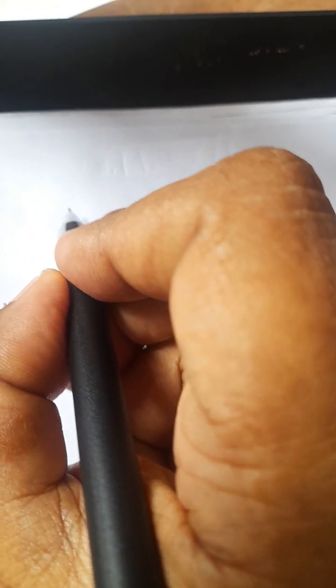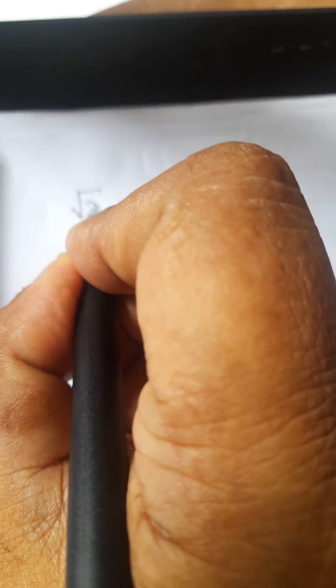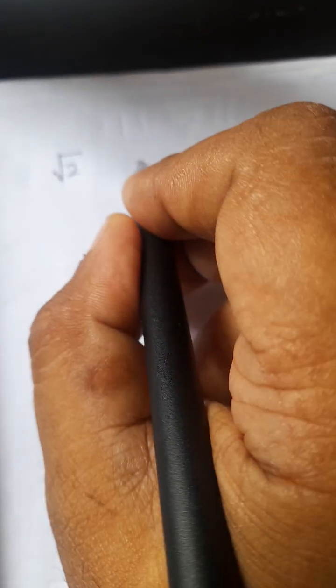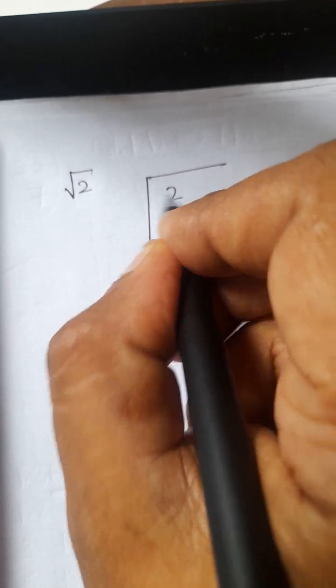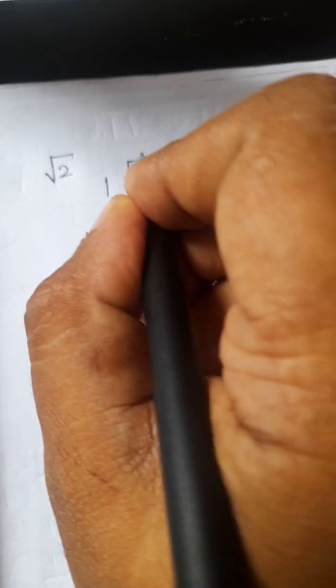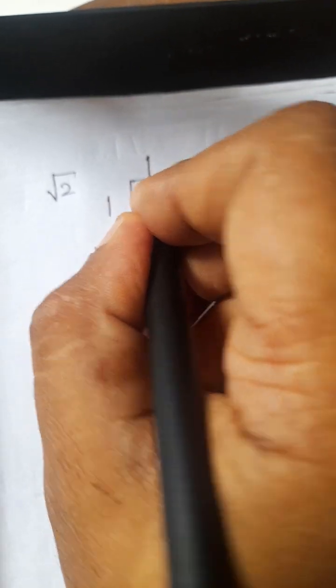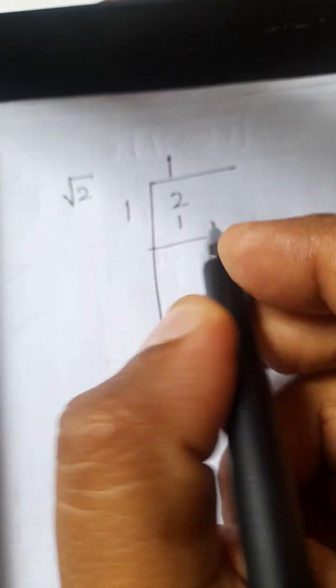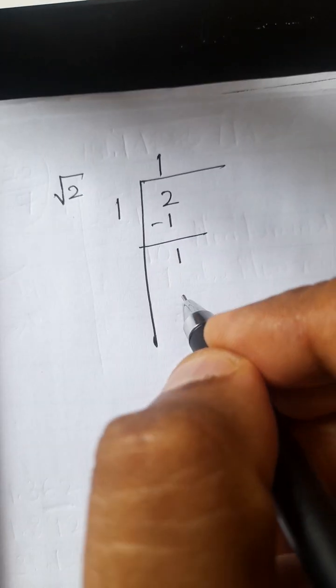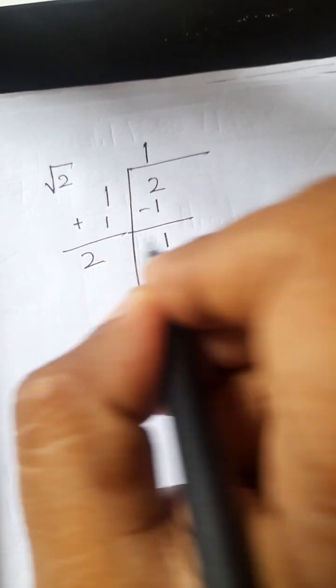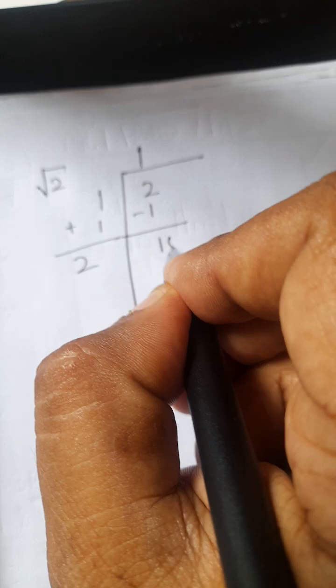I'll show you that. Now let us take root 2. Find out the value of root 2 by the division method. We know the division method. We write 2 and 1. 1's 1, then you add 1 here, you get 2. You bring down 2 zeros.